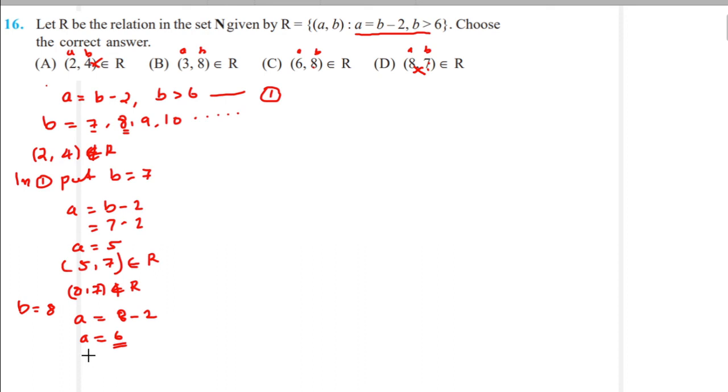So we take the ordered pair (6,8), which belongs to R. Then (3,8) we can't take, it does not belong to R. Therefore the only possibility and the correct answer is C, (6,8).